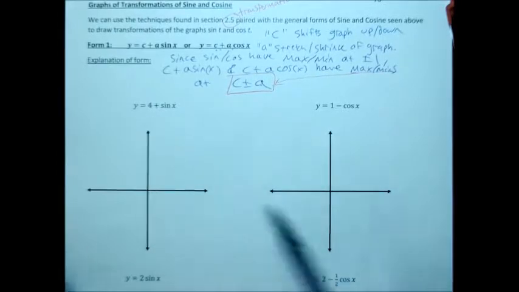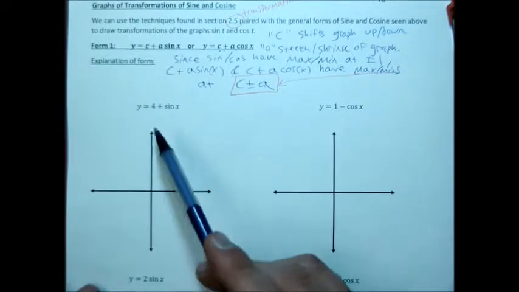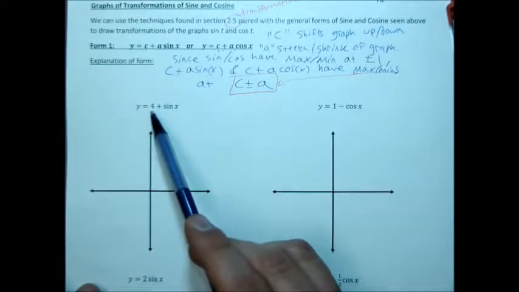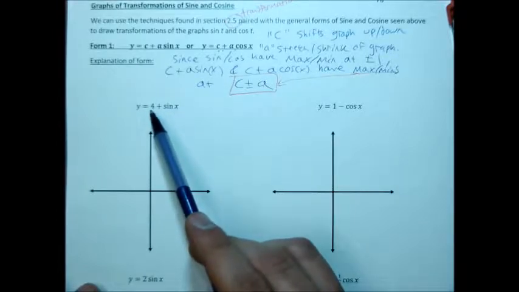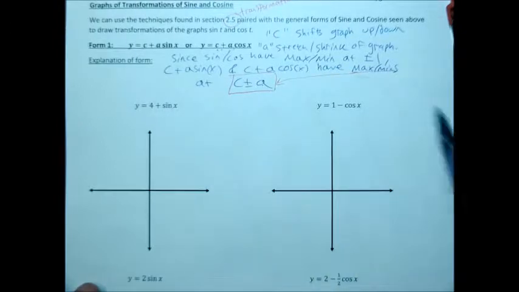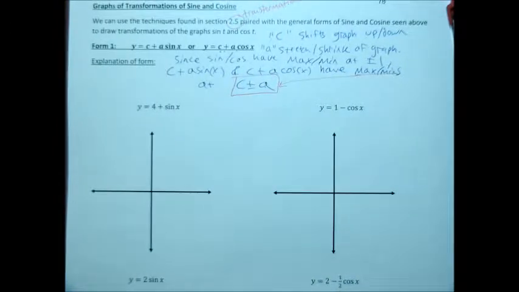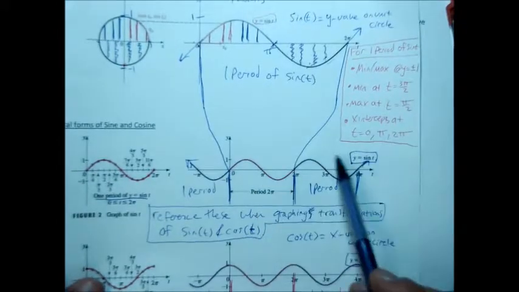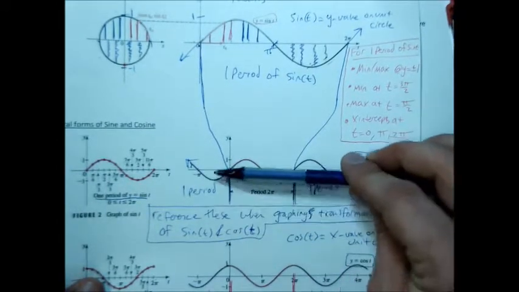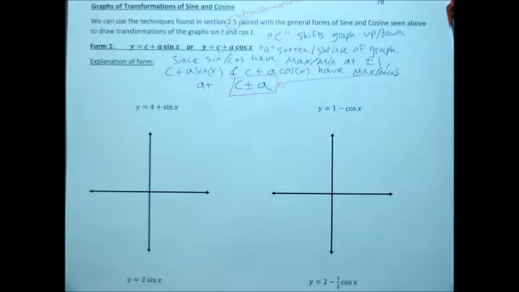So let's look at this first one. 4 plus sine. So practically speaking, what we're doing is we're taking the sine graph and we're adding 4 to it. And so what that's doing is it's taking sine and it's moving it up 4. And so I'm thinking about this sine graph, right? This is sine, and I'm thinking about moving it up 4. And so I'm just going to sketch what that looks like on this graph, right?